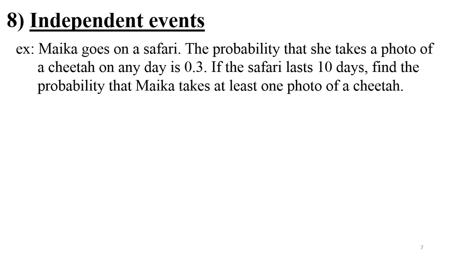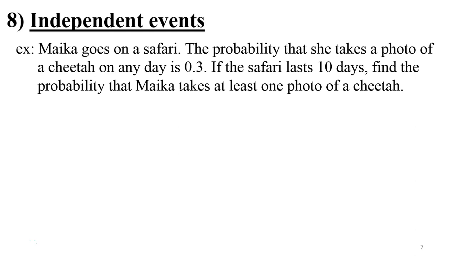So during these 10 days, every single day, the probability that she takes a photo of a cheetah is 0.3. So the probability of taking a photo of a cheetah on any day is independent from the probability of taking a photo of a cheetah on any other day. So taking a photo on day 1 is independent from taking a photo on day 2, which is independent from taking a photo on day 3, etc., all the way to the 10th day.